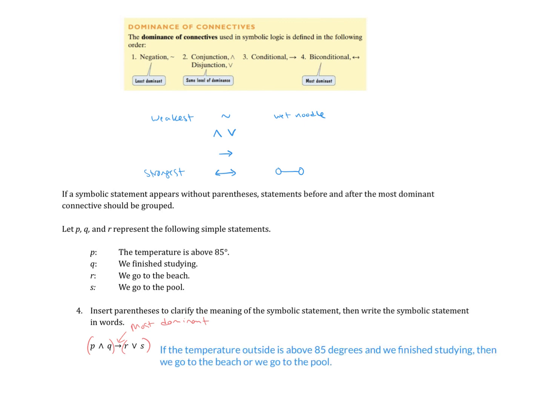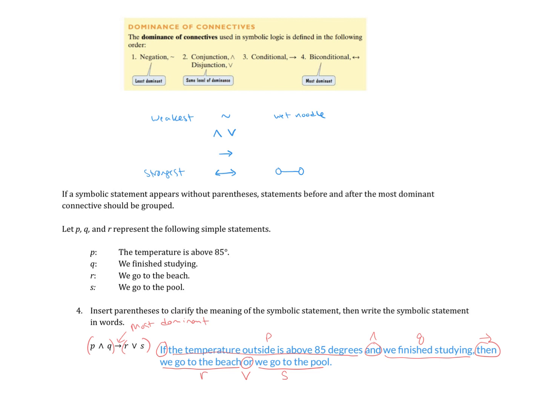So we have to start this sentence with the word if, and then goes in the middle where the single arrow shows up. So it goes, if the temperature outside is above 85 degrees and we finish studying, then we go to the beach or we go to the pool.